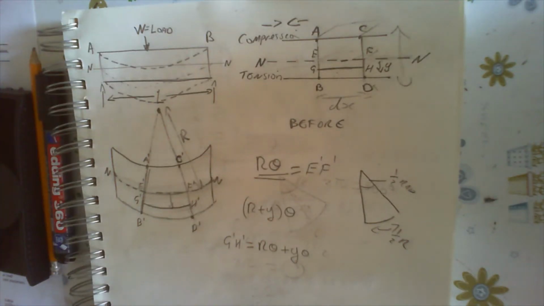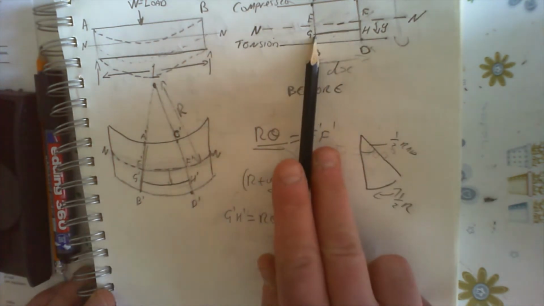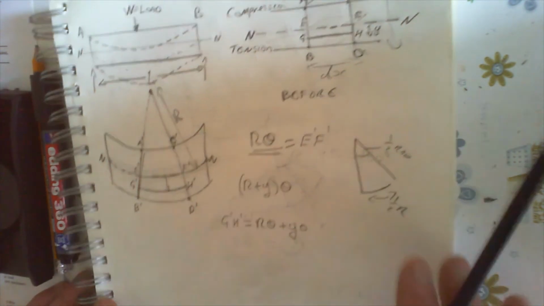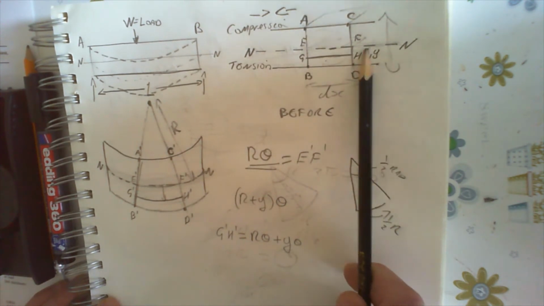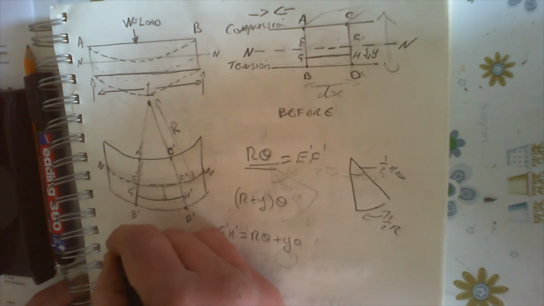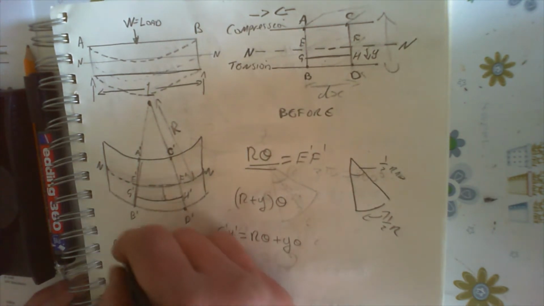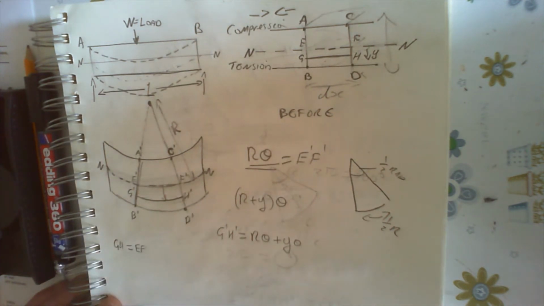I hope this is making sense. But if we look at this part, we know that GH was equal to EF before it was bent.